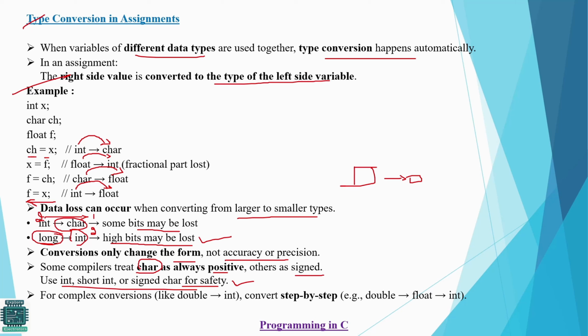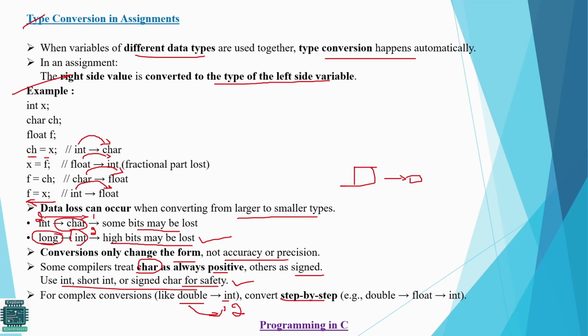Now for complex conversions like double to int, here the value is too big and it is converting into an int, that is 2 bytes. Here data loss can occur. So for this type of complex conversion, we are going to do it step by step.